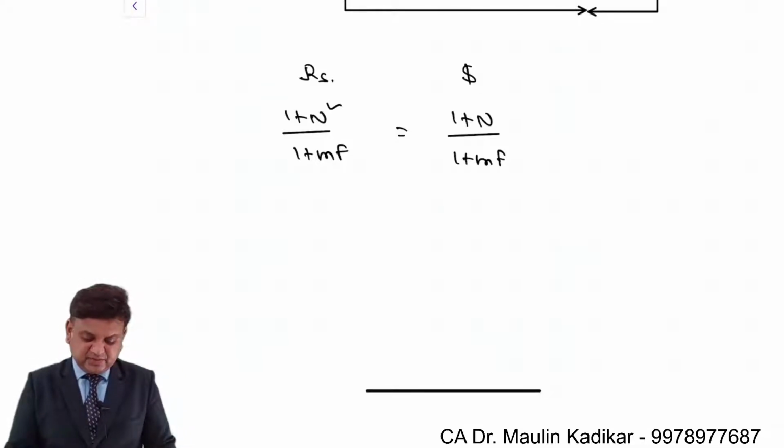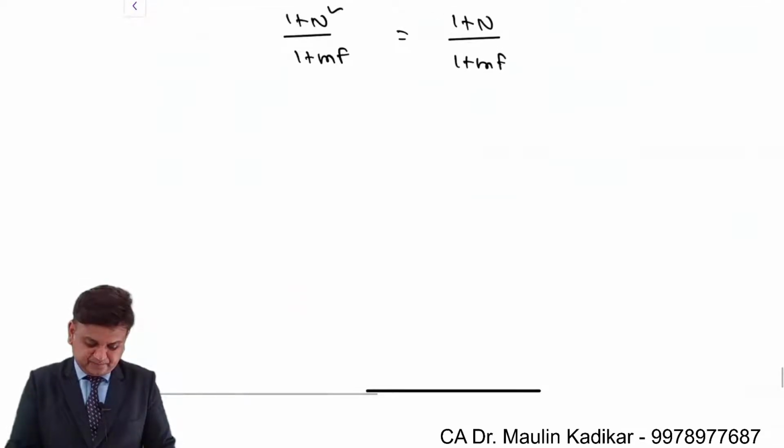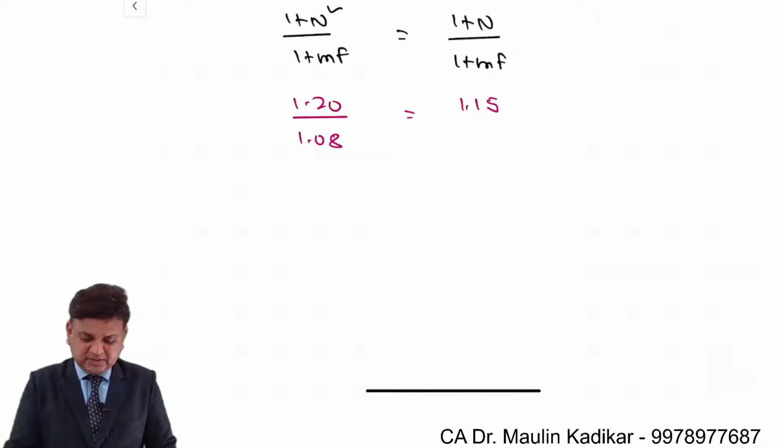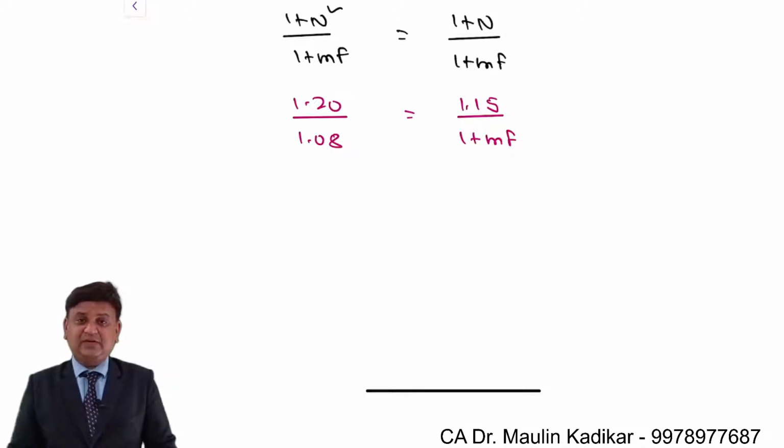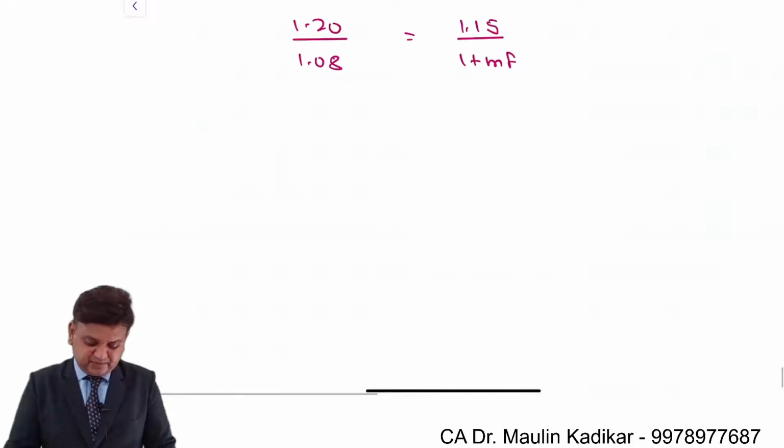We already have this value, 20%. We already have this value, that is 8%, I suppose. This is 15% divided by 1 plus inflation rate. Now the inflation rate can be found as a balancing figure.